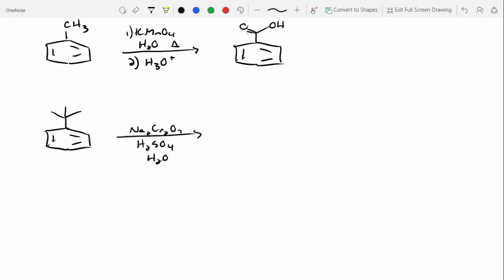No reaction? Why? Yeah, exactly. You guys remember back to oxidation chemistry with alcohols? We said that you can't oxidize a tertiary alcohol. You can't oxidize a quaternary carbon, right? You don't have any alpha protons. So in this case, there is no reaction. There are no alpha protons.